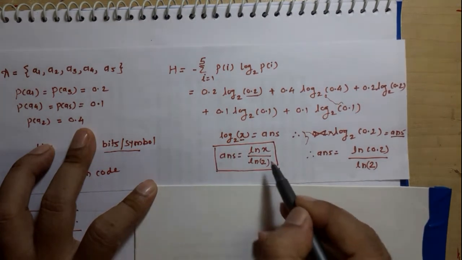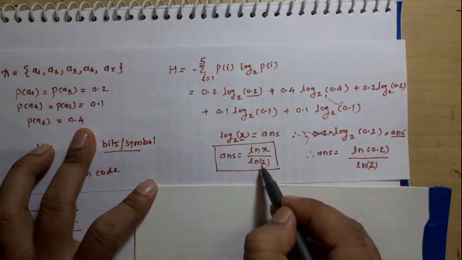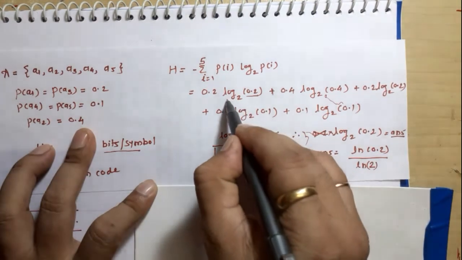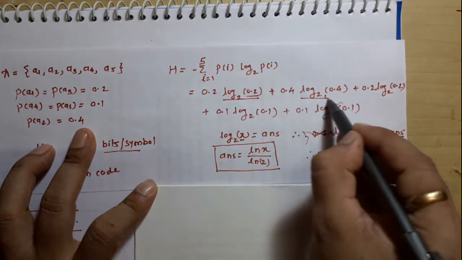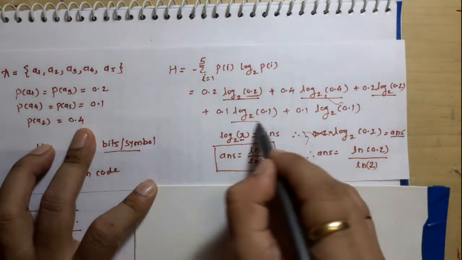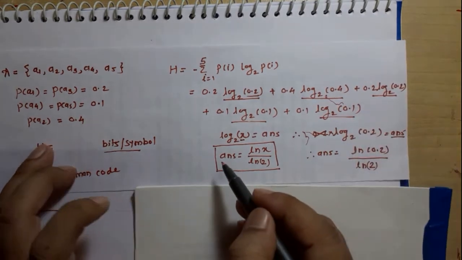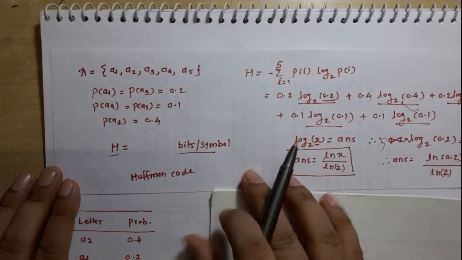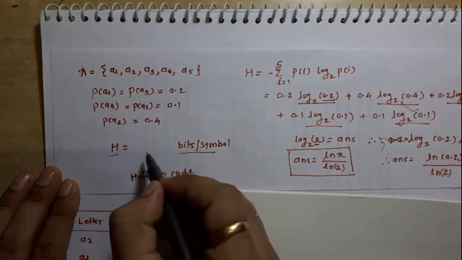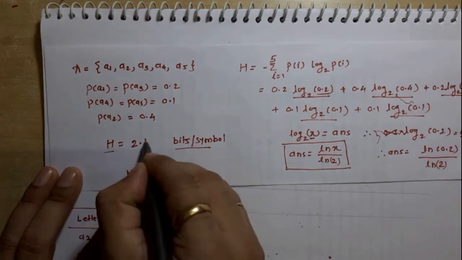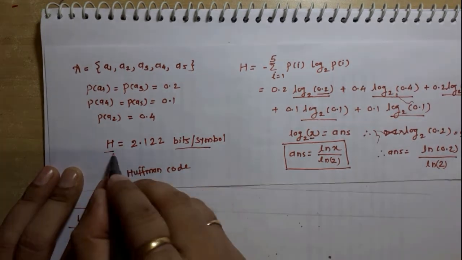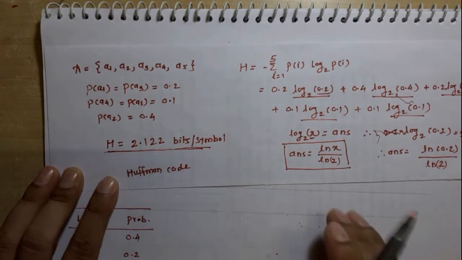For the given probability x, we divide its natural log by the natural log of 2, and we put in the answers for this, and we'll find the entropy H. So the entropy H for this given problem comes out to 2.122 bits per symbol.